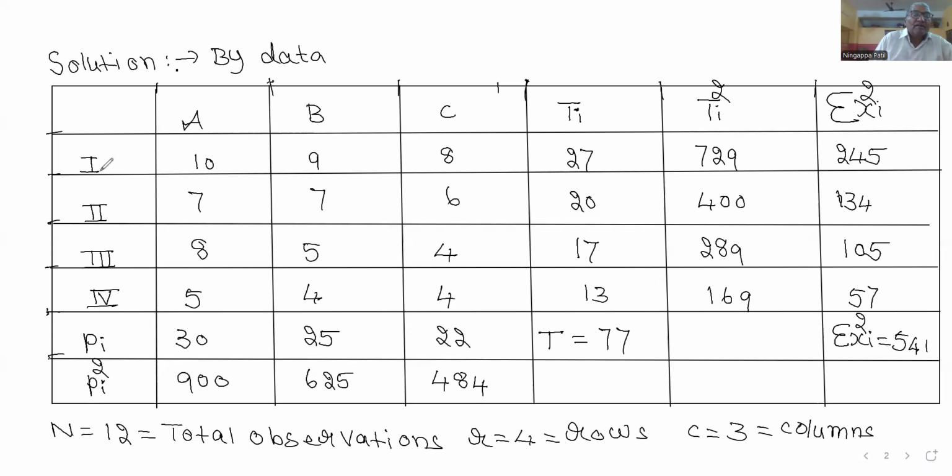Now, 1 and 2 can be easily done, and you can press the 2. This is the X column, this is the Y column. You enter these values in the X and Y columns, press the AC button, then shift and 1 button, and the third button. All the sums are available, and you write all these values.